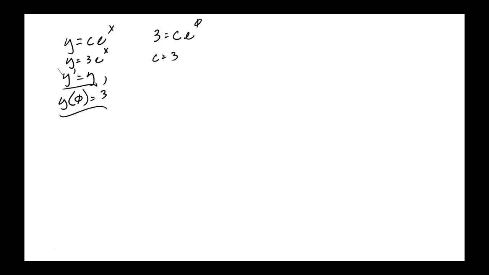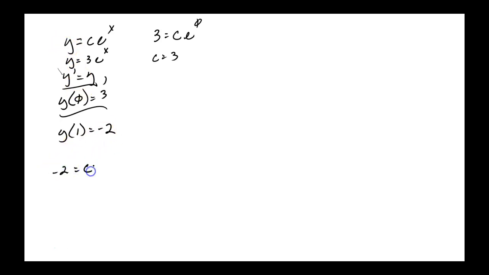Now, what if we demand that the solution curve pass through a different point, like 1, negative 2? Then your initial condition would be y of 1 is equal to negative 2. Okay? Well, we go back to our initial problem here, and the y value here is negative 2.